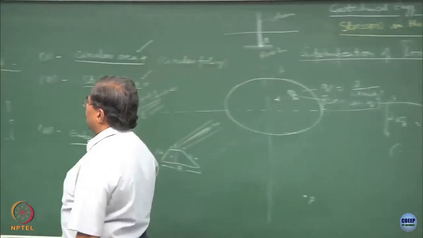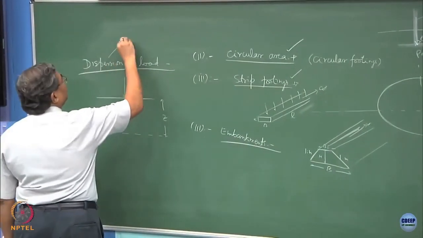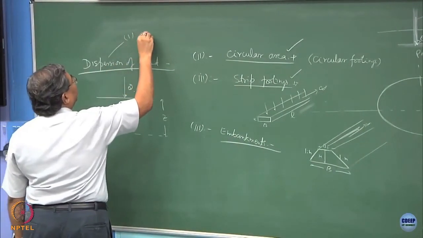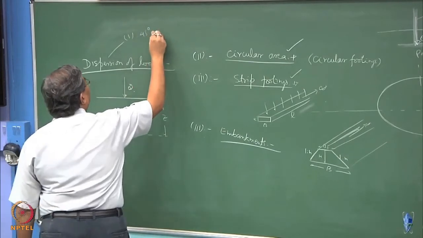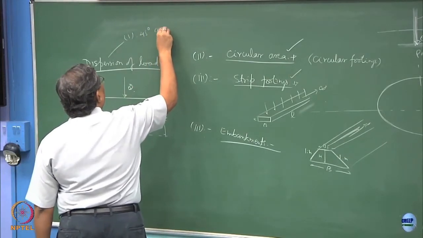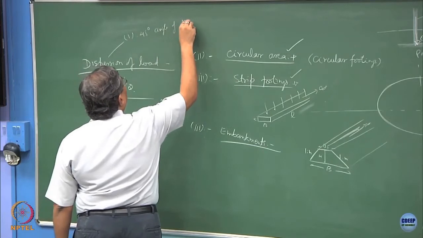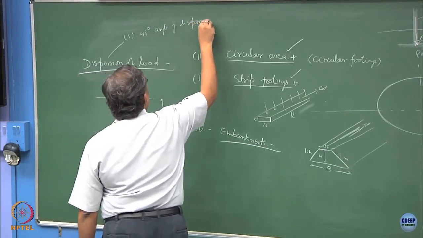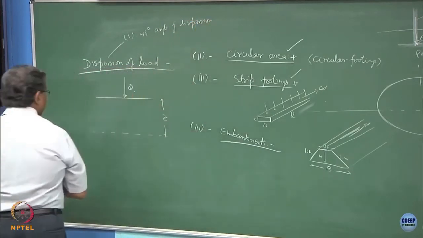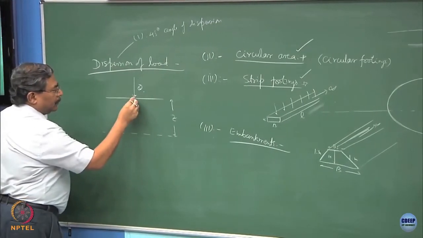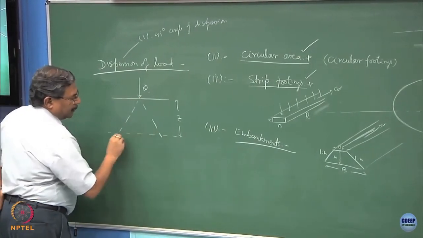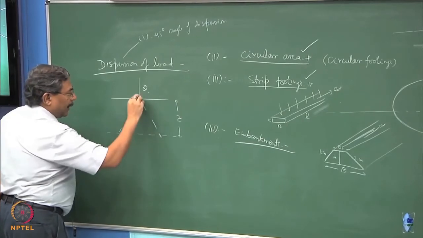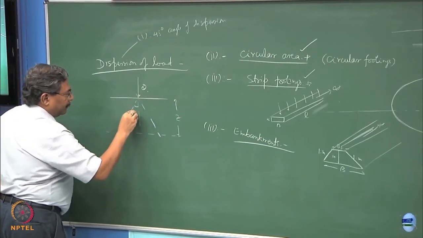What I can do simply is there are 2-3 ways of dispersion of the loads. The first one is we normally use the concept of 45-degree dispersion angle. That means if this is the Q, I will disperse it on this plane at 45 degree.